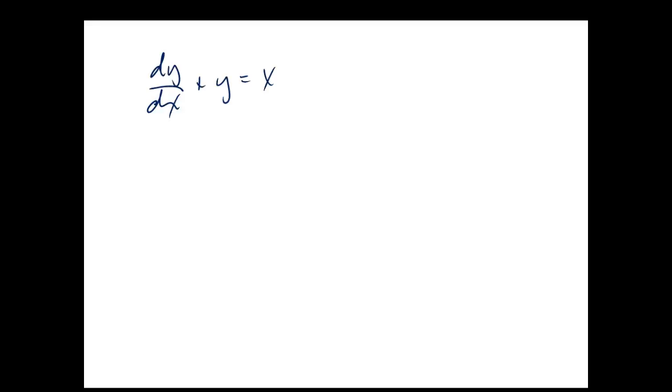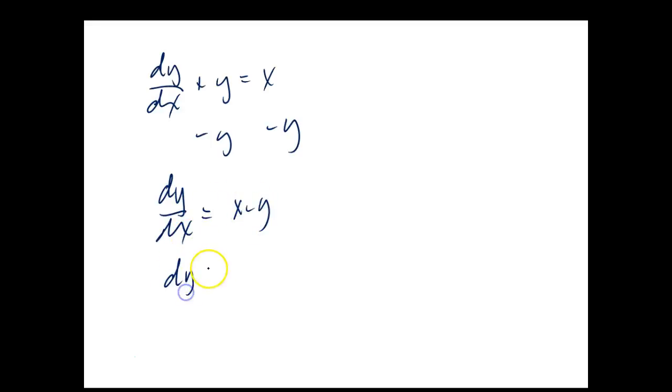To get it in differential form, you have to subtract y from both sides, and then you have dy/dx is equal to x minus y, and then dy is equal to x minus y dx, which is fine, but now it's not separable. You can't separate that y out. No way, Jose.